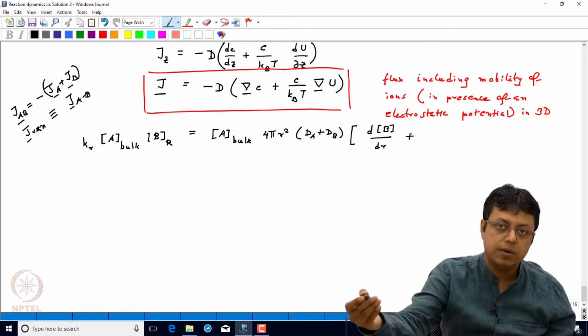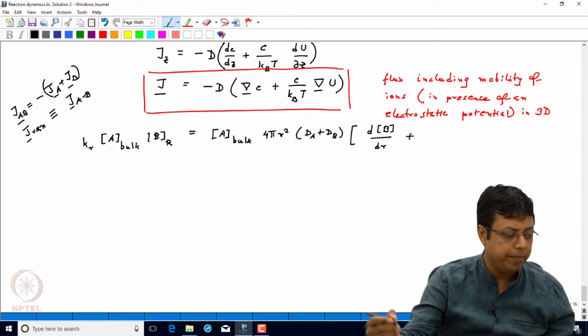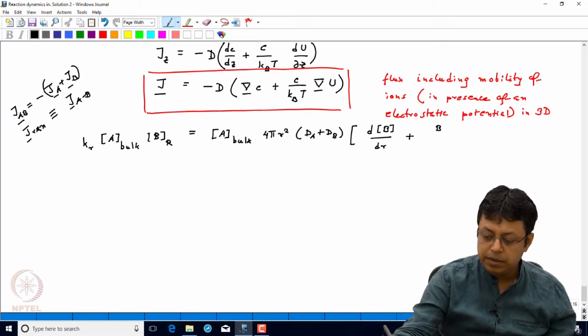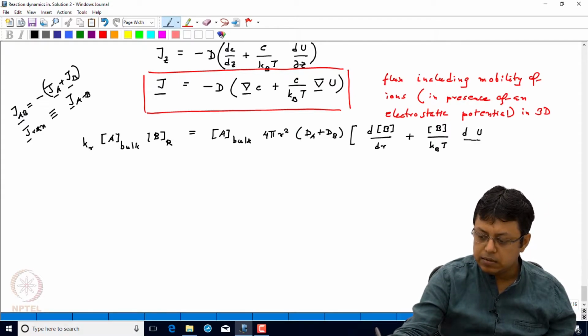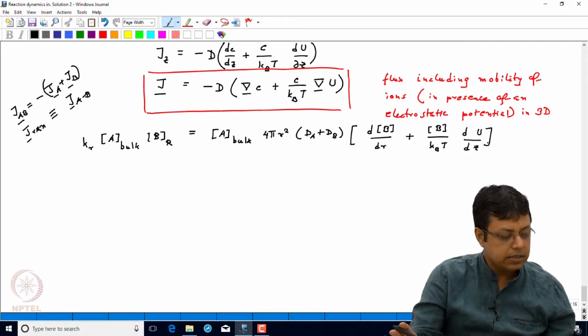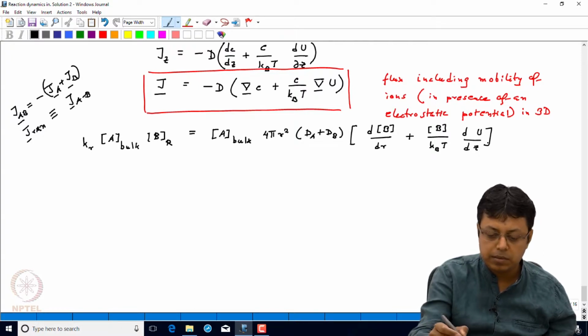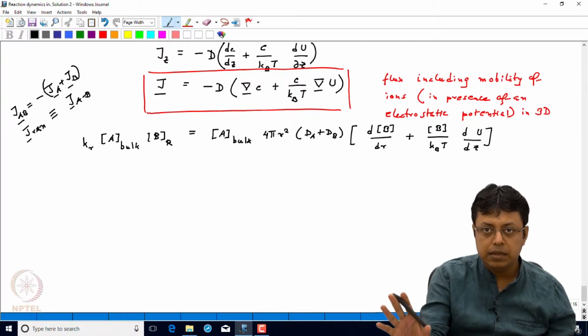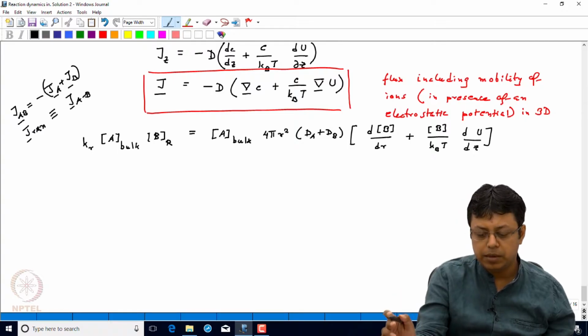Radius means the distance from the central ion, which is A. Plus I'll have B divided by kBT, and times a potential which is du dz. So this is the overall expression, because remember that C is basically the concentration. Instead of C, I am just writing B in the bracket, which represents the concentration of B.